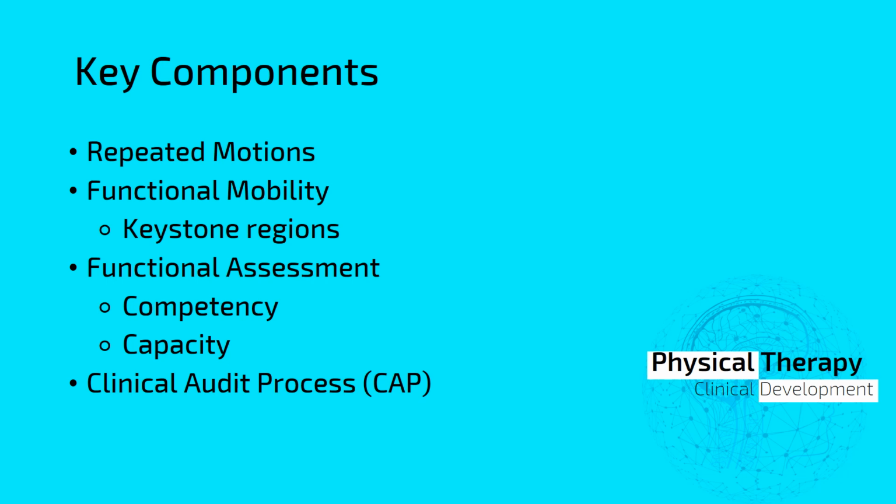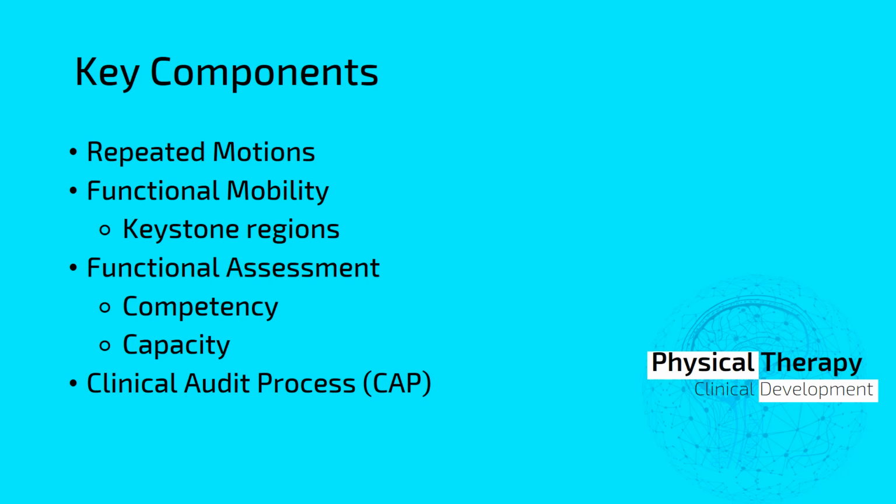So I'll quickly touch on each of these and then go into more detail as we go through the slides here. We've got repeated motions, functional mobility, a functional assessment, and then the clinical audit process. Repeated motions, some of you may be familiar with this, is your mechanical diagnosis and therapy, MDT or McKenzie, however you know it.